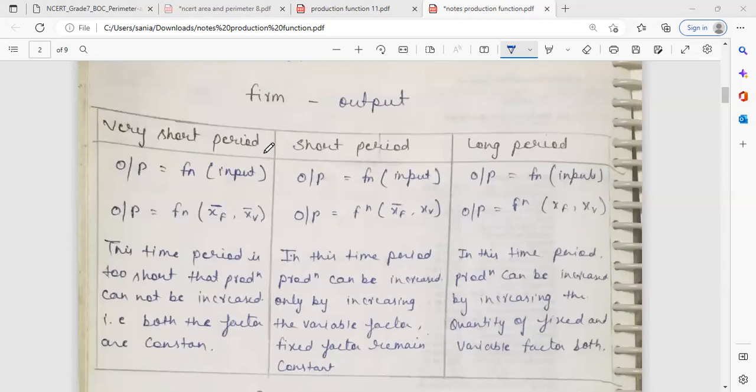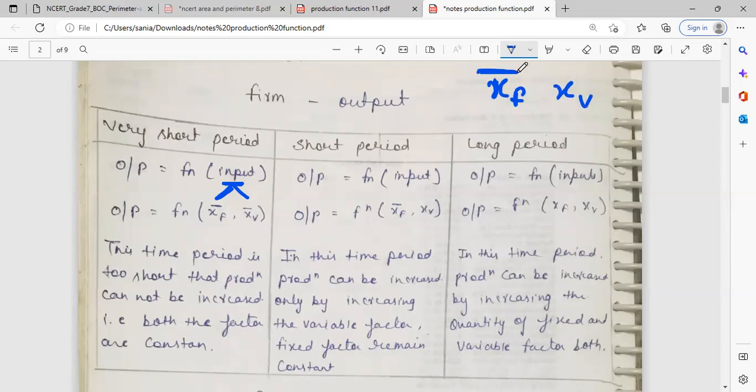Okay, very short. So over here, output, and these are the factors. The output depends on basically the input. And input, as I told you, is of two types. One is fixed and one is variable. So remember one thing, if it is X and F, this is the fixed one, and if it is X and V, this is the variable one.